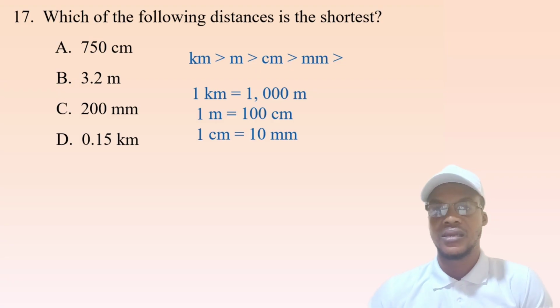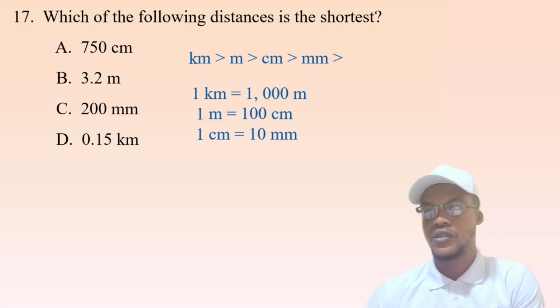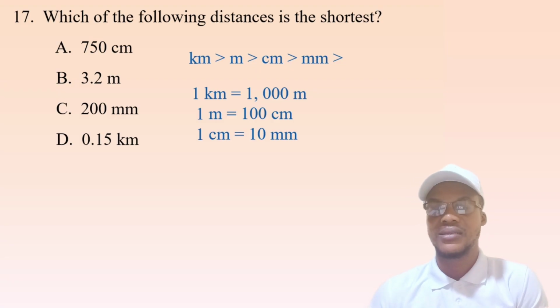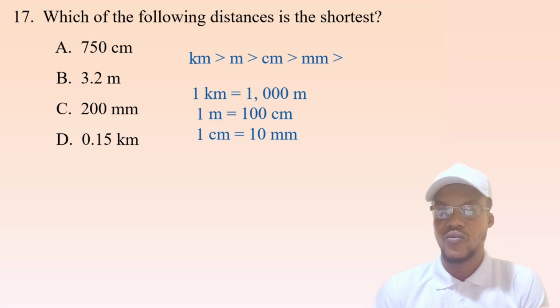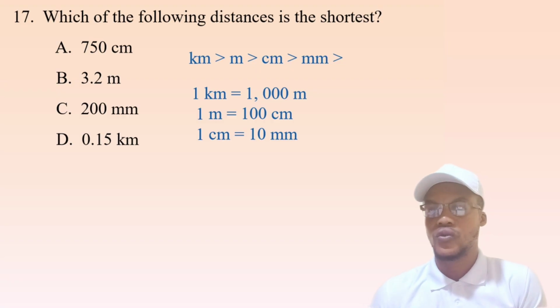We learned that 1 kilometer corresponds to 1000 meters, 1 meter corresponds to 100 centimeters, and 1 centimeter is equal to 10 millimeters.